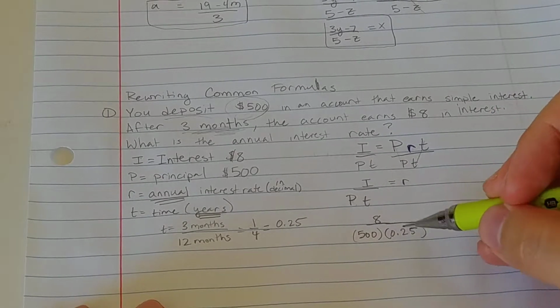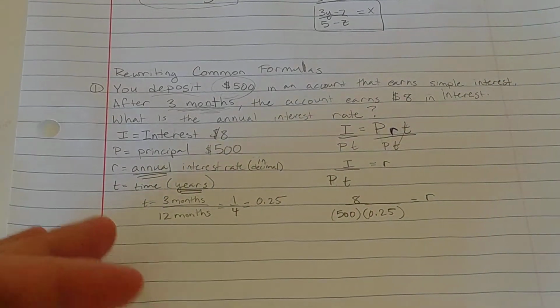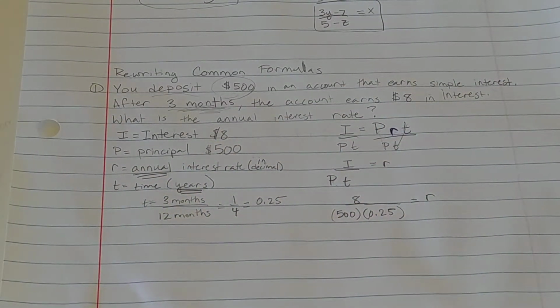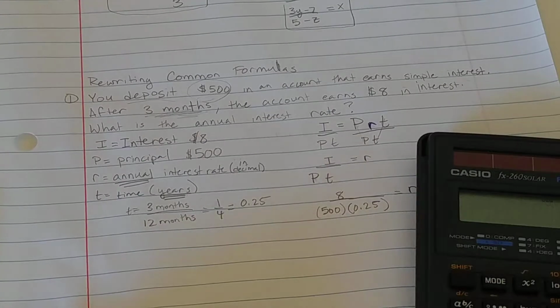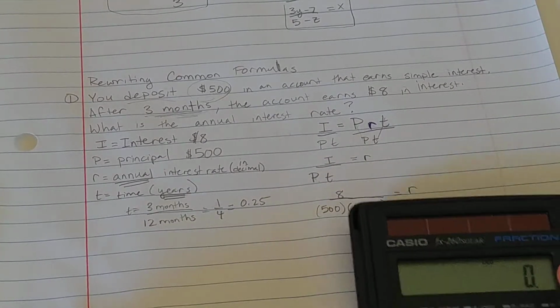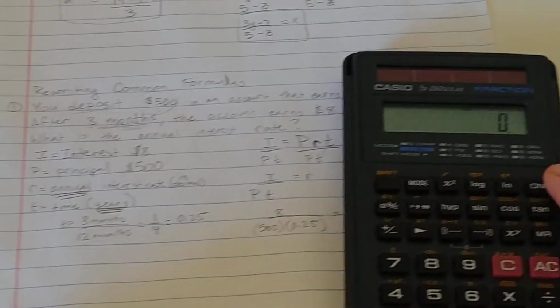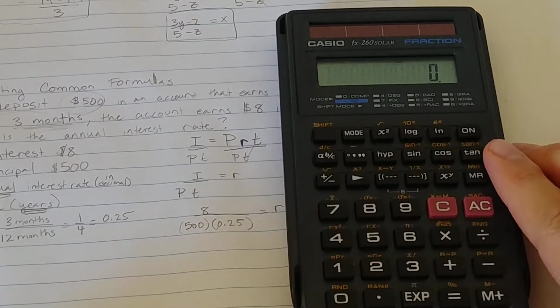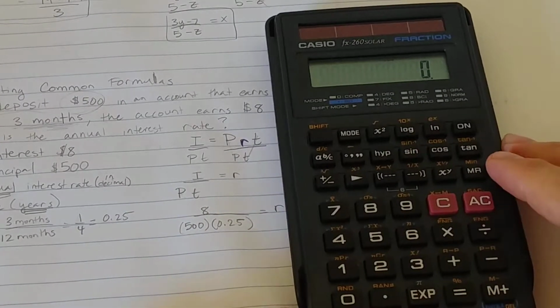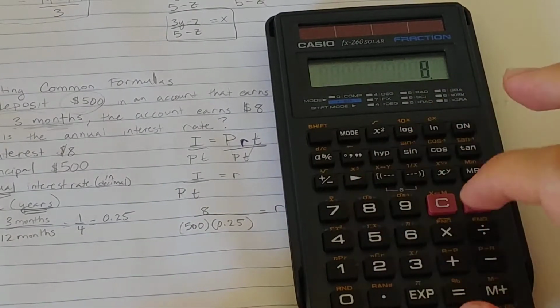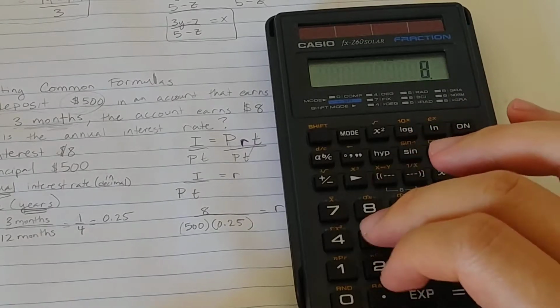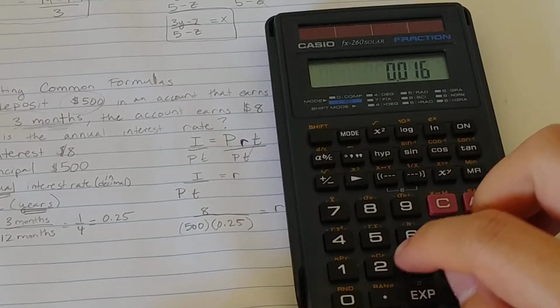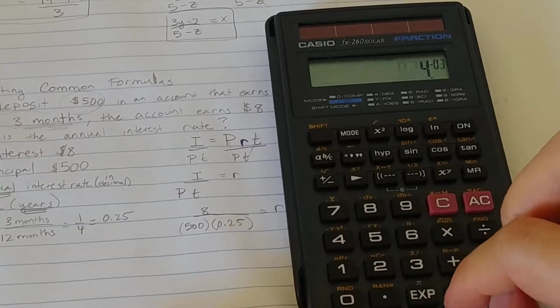So now we just have to calculate this. 8 divided by 500 times 0.25. Okay, don't do this. Okay, I'm going to show a common mistake that students make, and adults too. Okay, you might do 8 divided by 500 times 0.25.